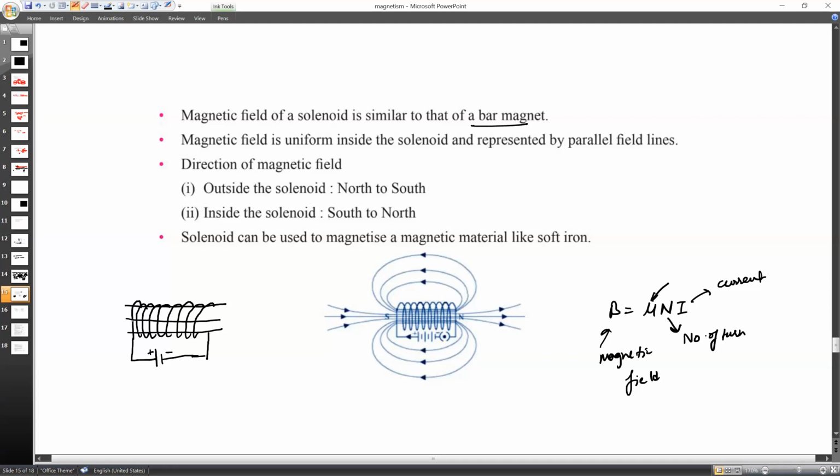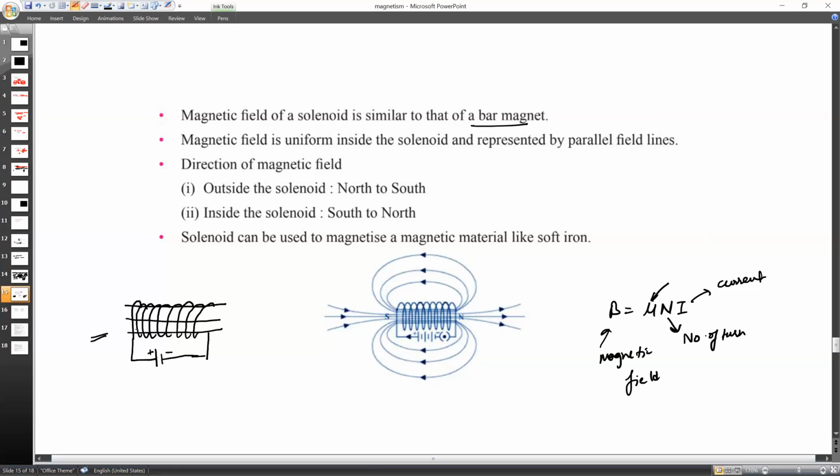Or sorry, can you tell me which pole it is? Is it the North Pole or the South Pole? South Pole.